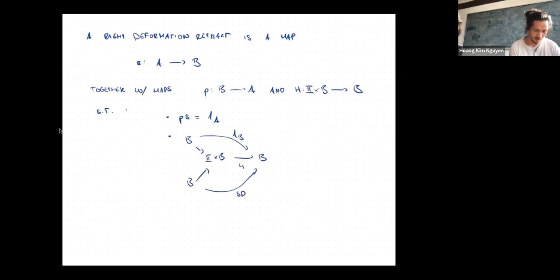So this is supposed to commute. So in other words, we have really like a 2-cell, and the homotopy is constant on A. So it's the usual notion of deformation retract. Take a projection.